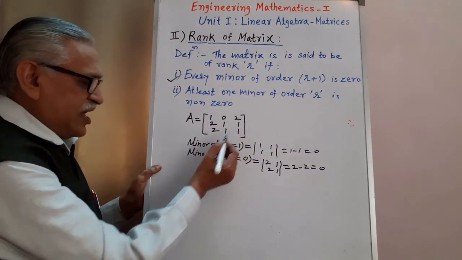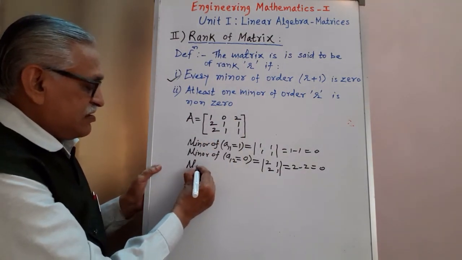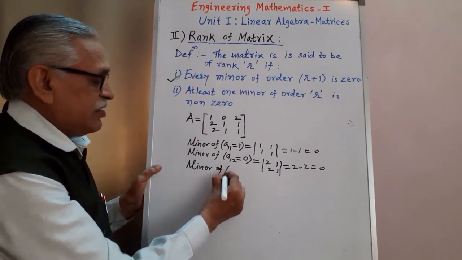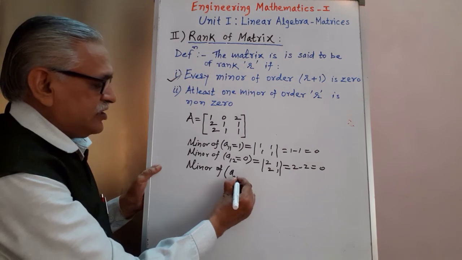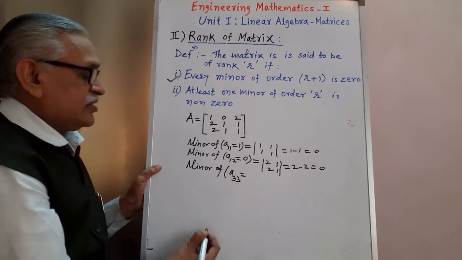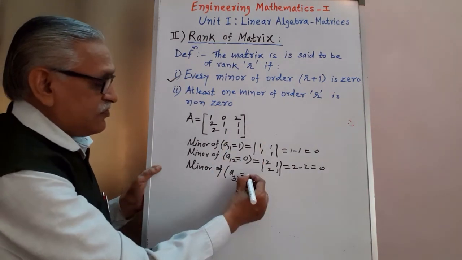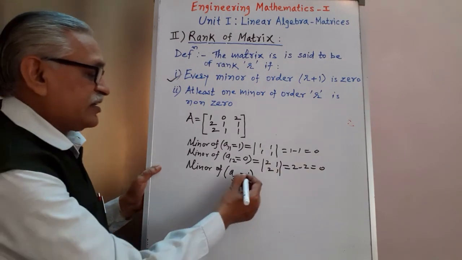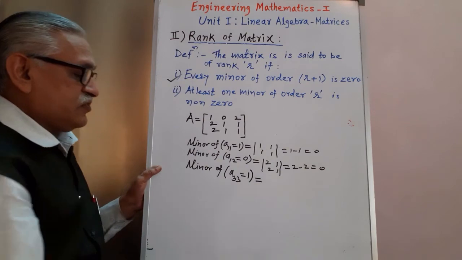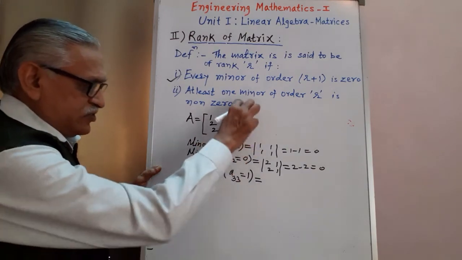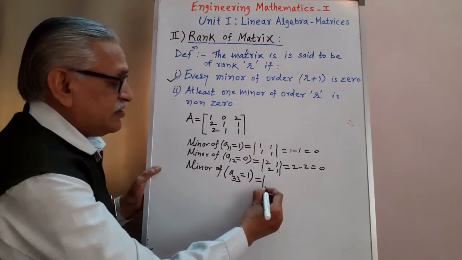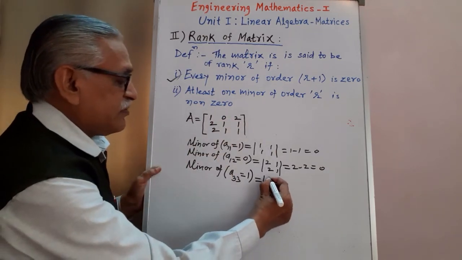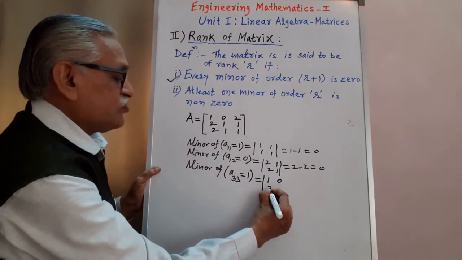Therefore we go for the last element, that is the minor of element a33, third row, third column, and the value of that element is 1, and therefore it is equal to, neglecting this row and this column and then taking the remaining elements in the determinant form, that remaining elements are 1 0 2 1.